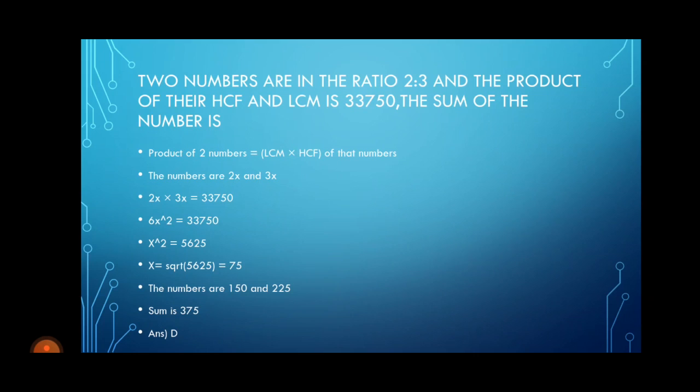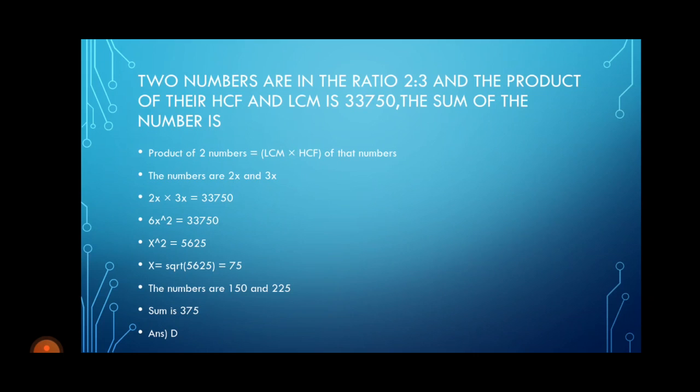The numbers are in the ratio 2:3, so we can write them as 2x and 3x. The product 2x into 3x is equal to the product of HCF and LCM. 2x into 3x is 6x square, so x square is equal to 33,750 divided by 6.